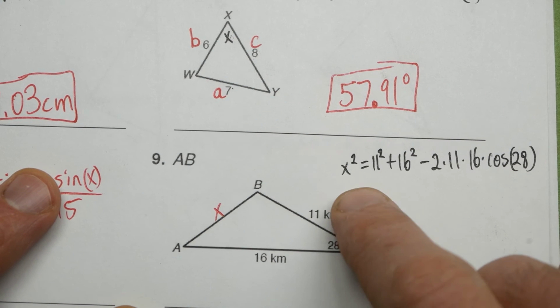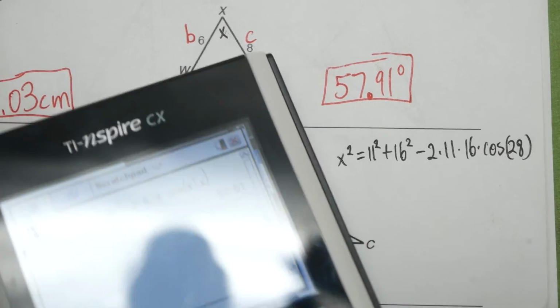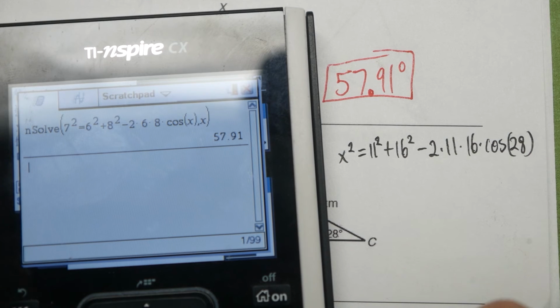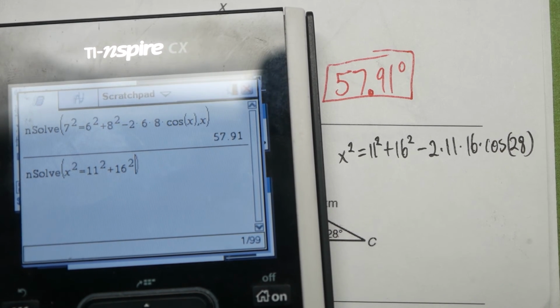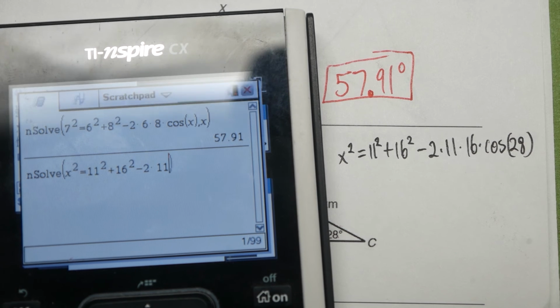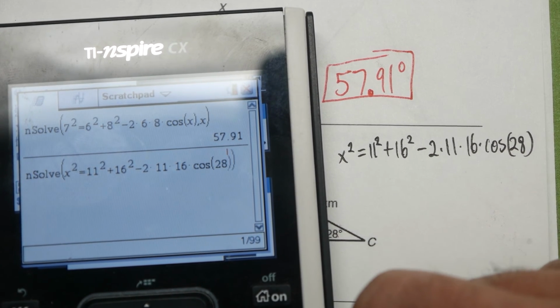All right, and so I'm going to type this into nSolve. I'm going to go menu 3-1, x squared equals 11 squared plus 16 squared minus 2 times 11 times 16 times the cosine of that 28 degree angle.